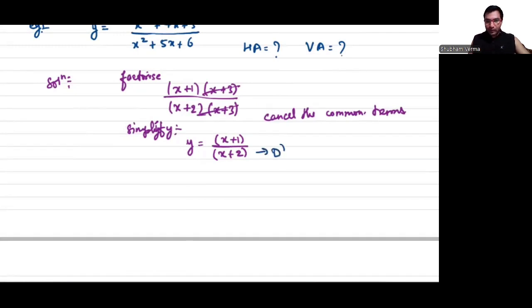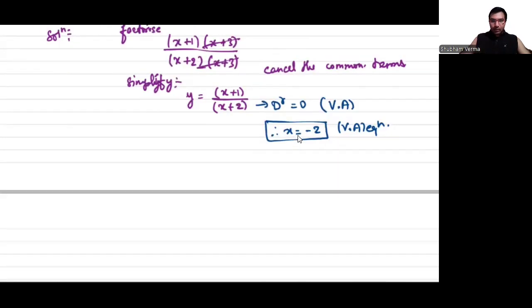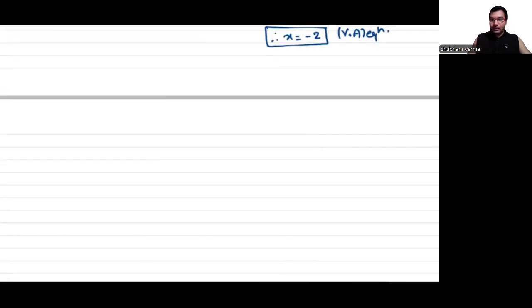Just equate the denominator to 0 for the vertical asymptote. Therefore, x equal to minus 2. This is my vertical asymptote equation. Are you getting it? Now, let's quickly discuss how to find the horizontal asymptote.